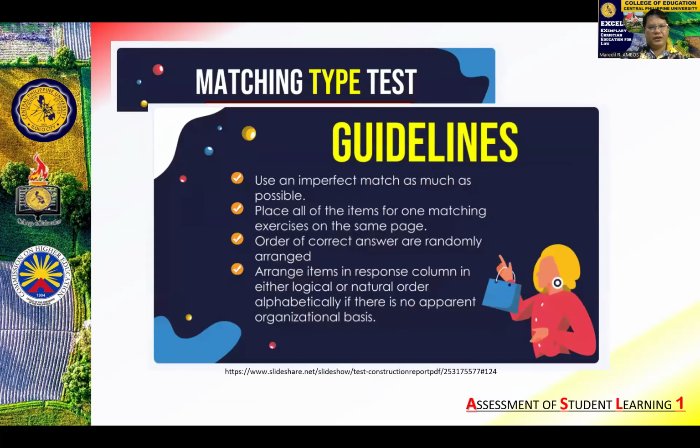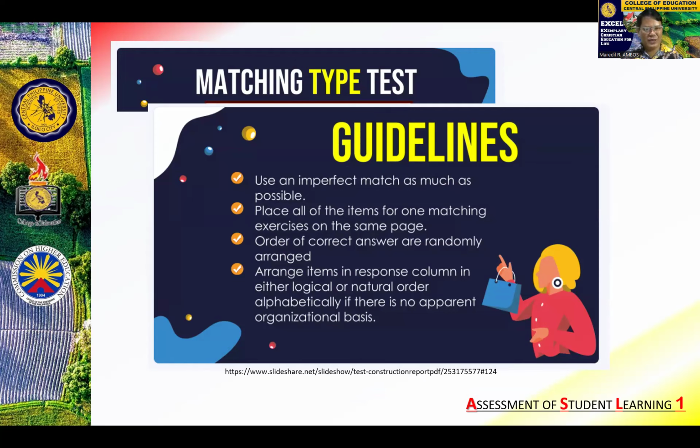Okay. What about the guidelines? So you can see here, use an imperfect match as much as possible. So it's being encouraged. Place all the items for one matching exercise on the same page. Do not use another page because it's really hard for students to look for the options or the answers. Then the order of correct answers should be randomly arranged.